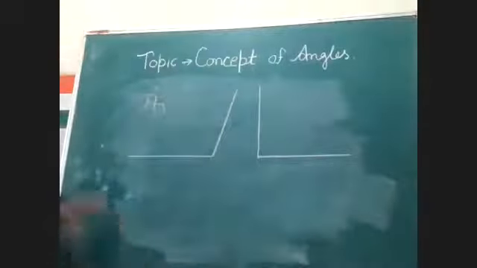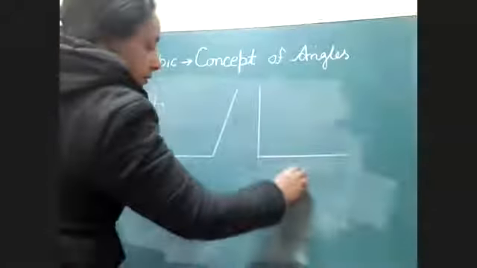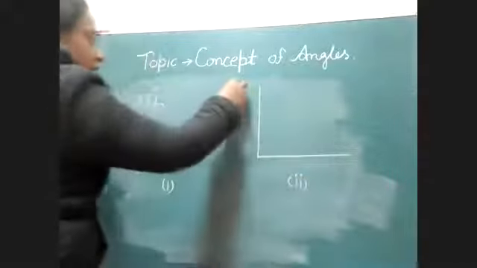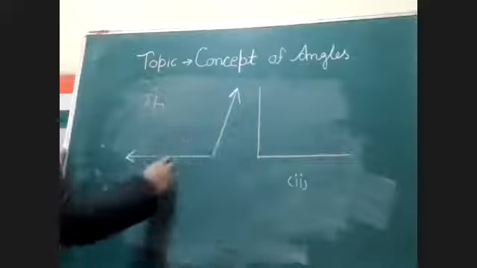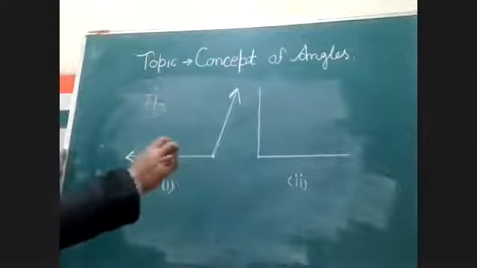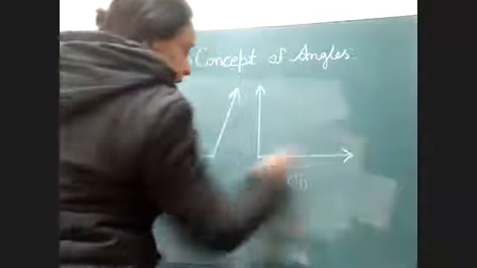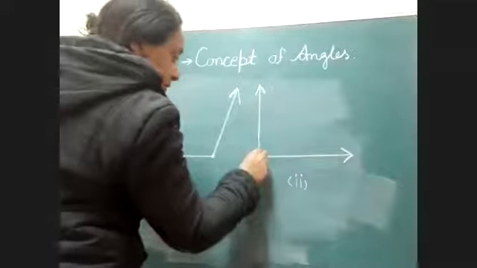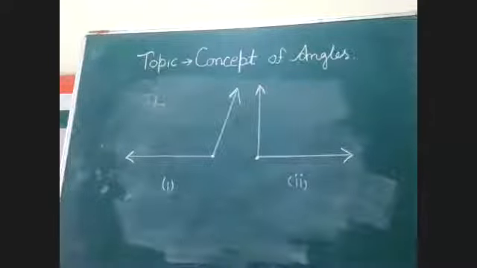Again, we have two angles, first and second. These are two arms, and these are two arms, and the vertices. Now in the second angle, these are two arms, and this is the vertex of this angle. Now, friends, with the help of a protector, measure these two angles.